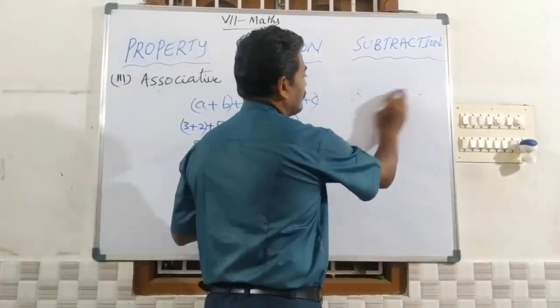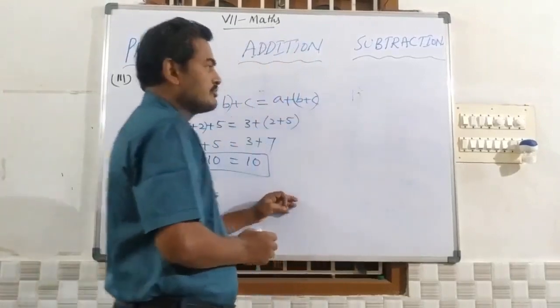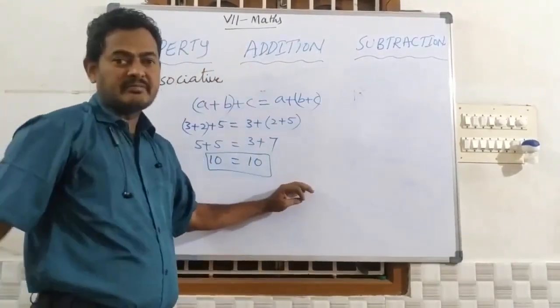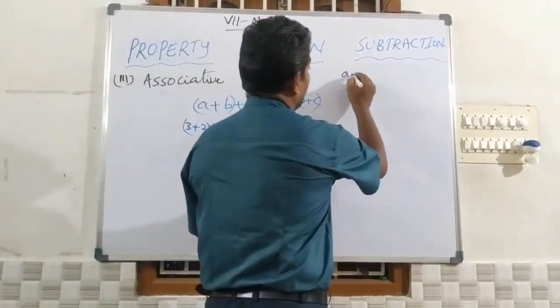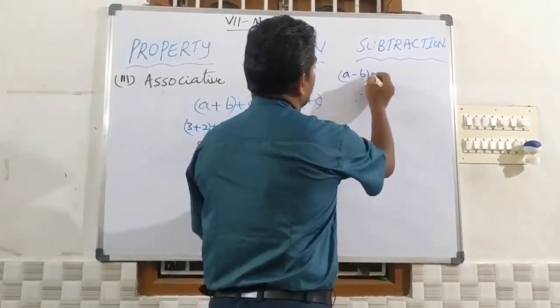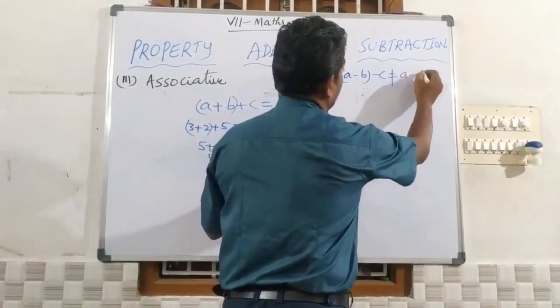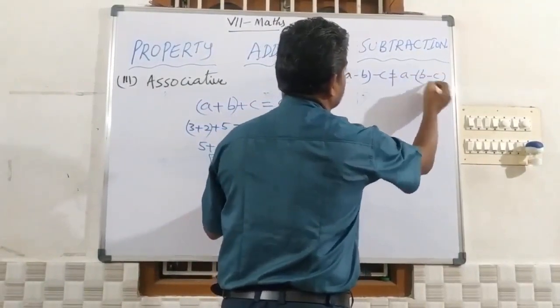Now subtraction. What will happen in associative property under subtraction? Subtraction means what is the symbol? Minus. So A minus B minus C is not equal to A minus (B minus C).